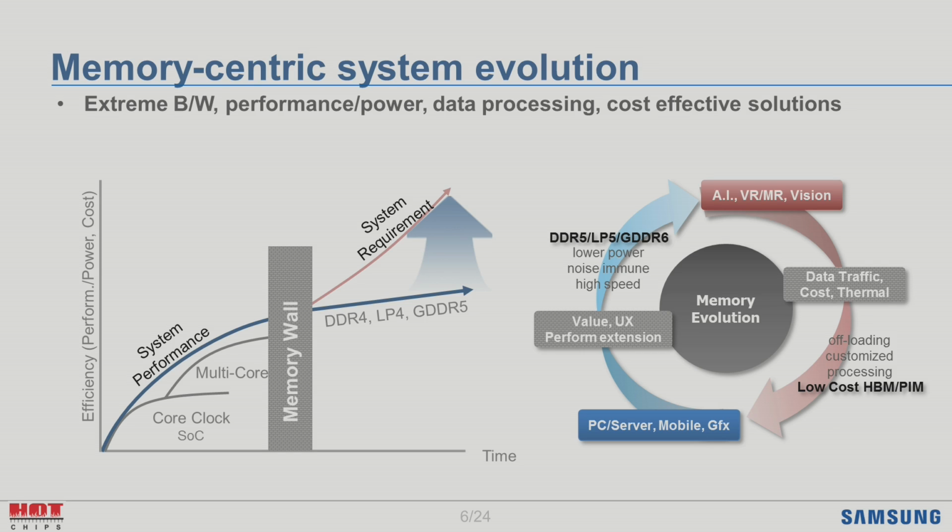Although this kind of application does not necessarily change the ecosystem, if we cannot figure out the value of user experience and performance extension, it may be replaced by another innovative solution, like the case of the tablet or the personal computer, and so on. However, we have to balance the evolution and the revolution for memory technology, so it's very important.